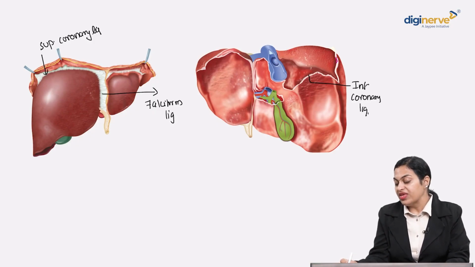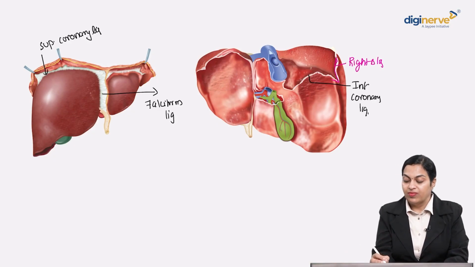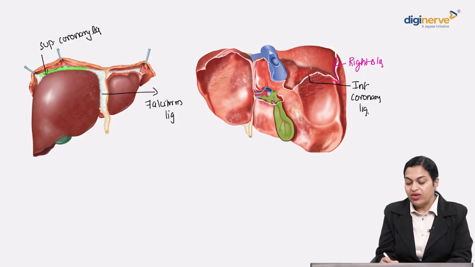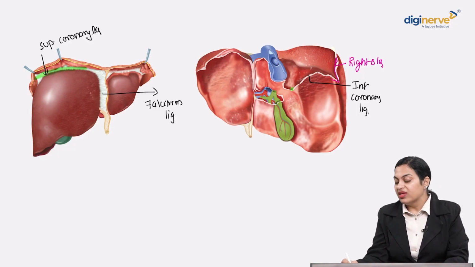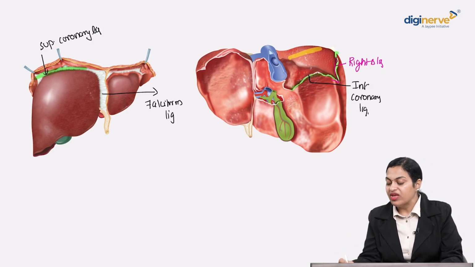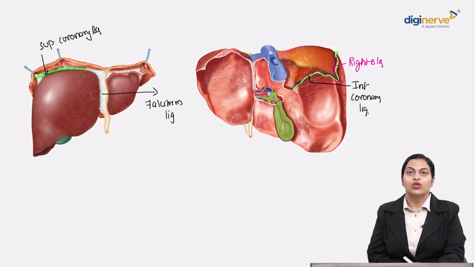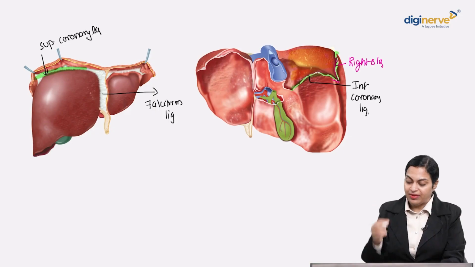This one that you see here is the right triangular ligament. The superior coronary ligament, the inferior coronary ligament, and the right triangular ligament form the boundaries of bare area of liver, right? For further details on this, please refer to the session on liver, right?